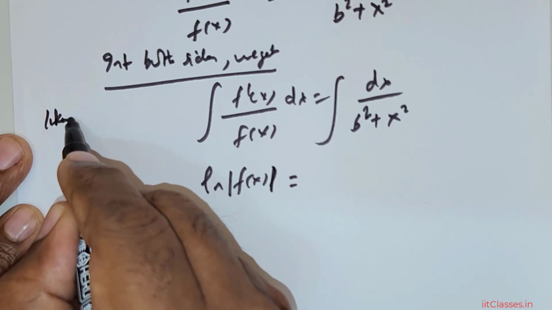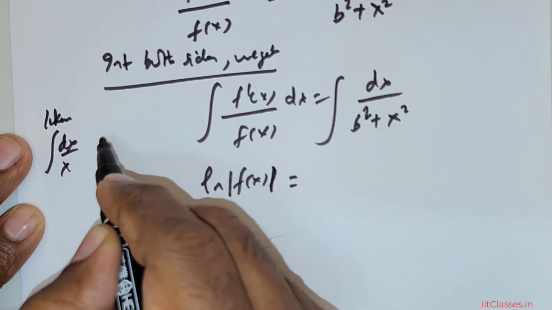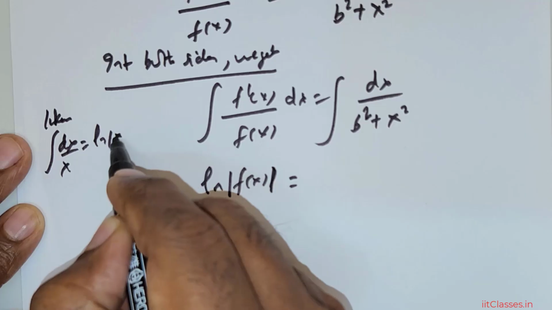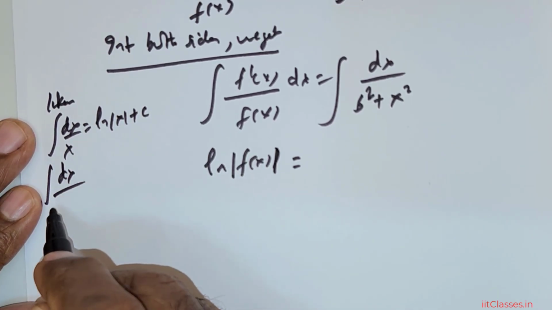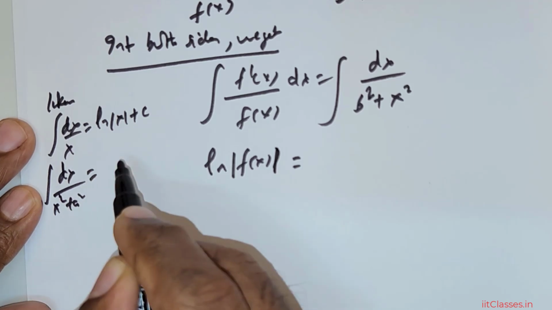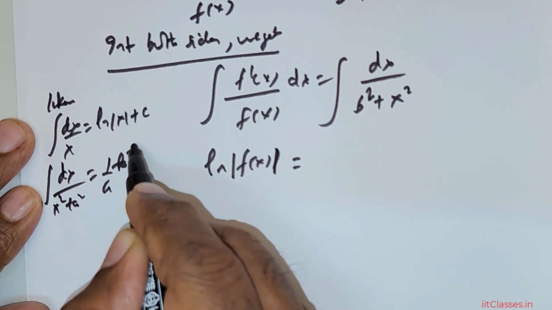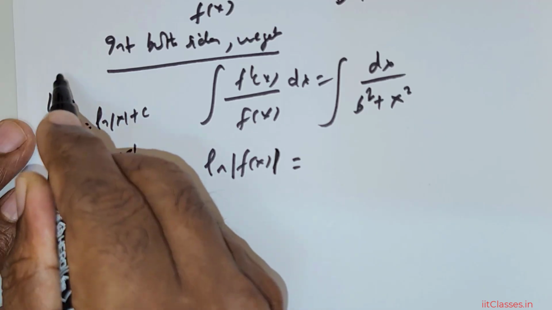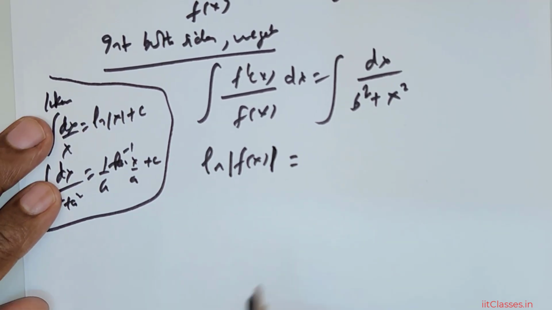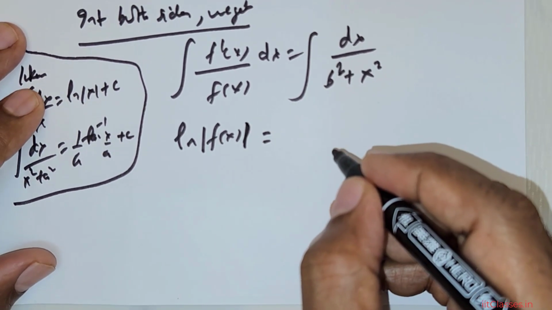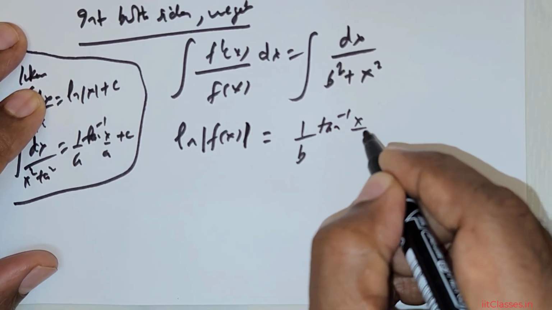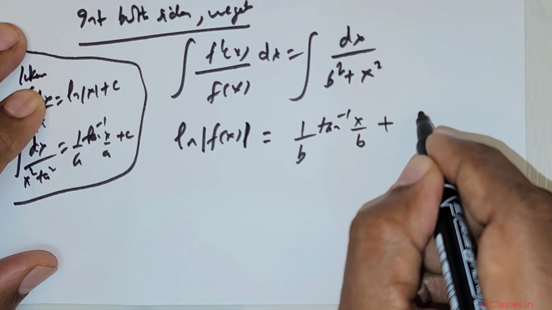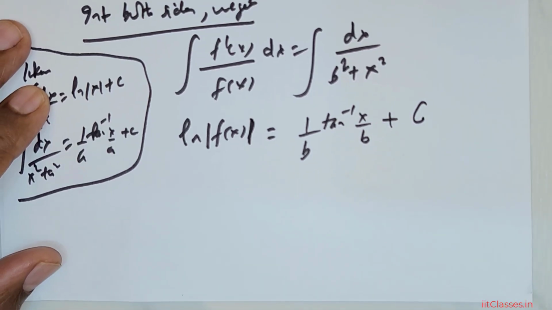This is akin to our integral dx over x, which is ln modulus x plus arbitrary constant c, and this is integral dx over x squared plus a squared, which is 1 over a tan inverse of x over a plus c. So these are the integrals that we are employing here. So this is equal to 1 over b tan inverse of x over b, and you need to add the arbitrary constant c.